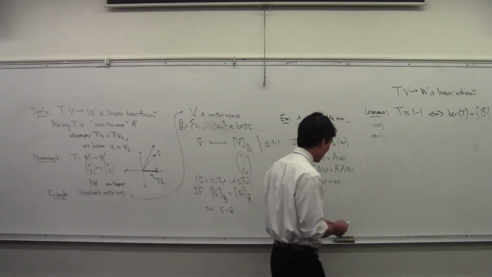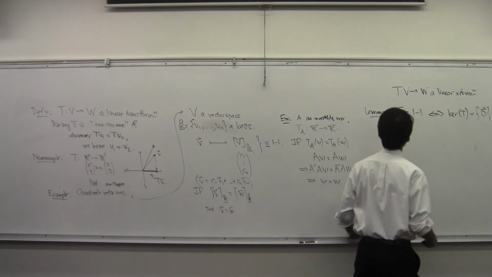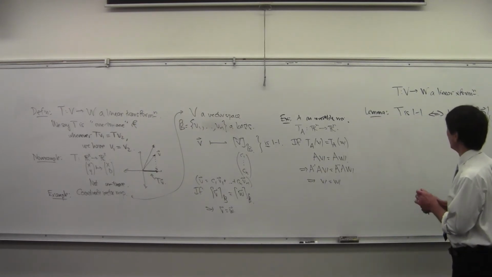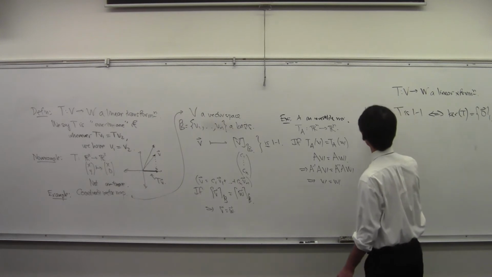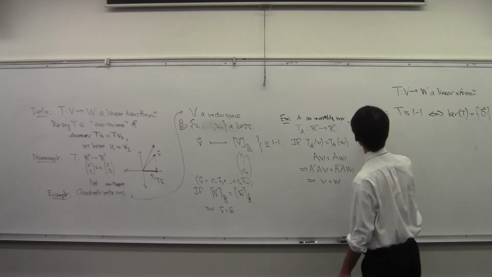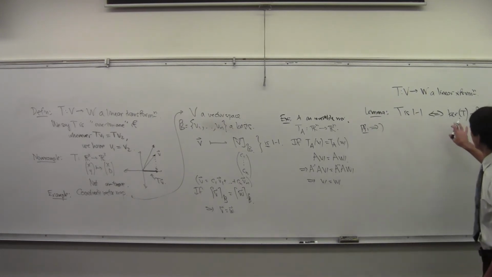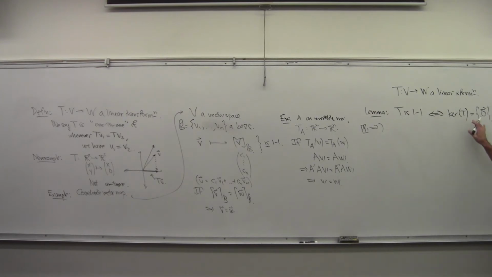Okay, actually, let's think about this together. So let's think about the forwards direction first. So, proof of the forwards direction. Okay, so we're trying to show that the kernel is 0. What's the kernel? Let's remember, what's the kernel? Remember, it's something like the null space.